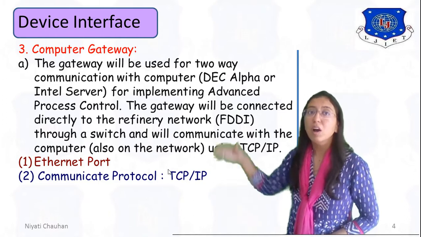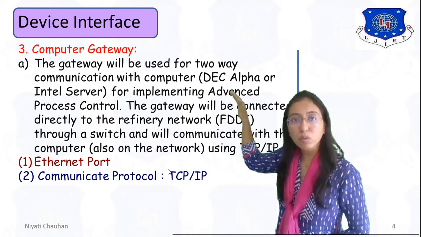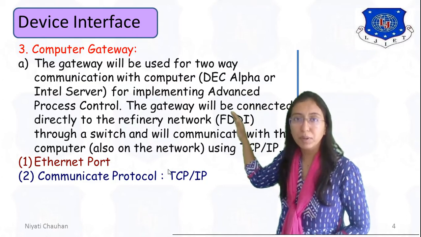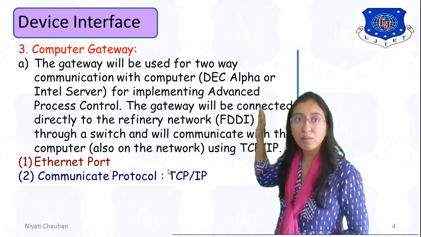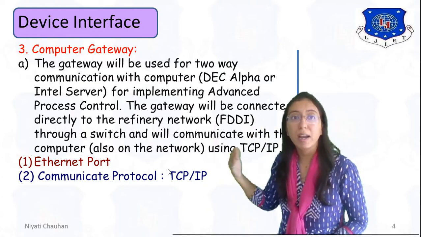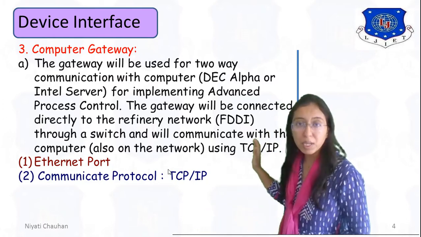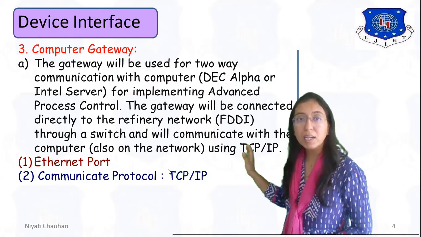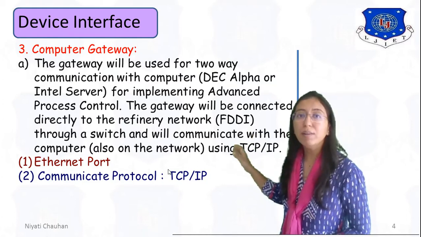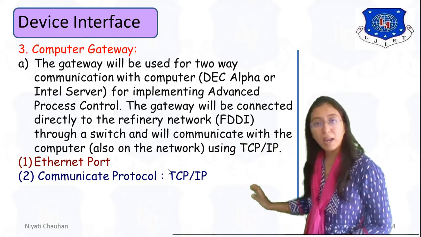Number 3, computer gateway. So the gateway will be used for two-way communication with computer, DEC Alpha or Intel server, for implementing advanced process control. The gateway will be connected directly to refinery network through a switch and will communicate with the computer using TCP and IP.